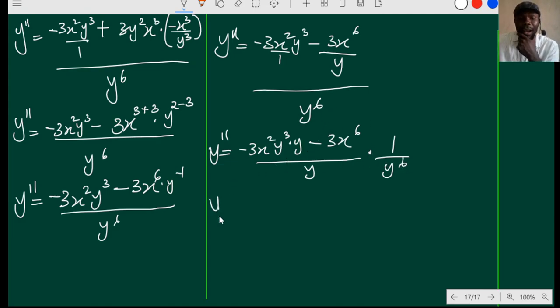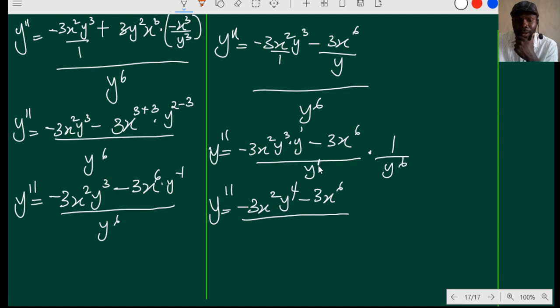So you now have y second prime will now give us, this is 1 already. It will be minus 3x squared y raised to power 4 minus 3x raised to power 6. If you're able to see, this is 1. So 1 plus 6 because of the law to give you y raised to power 7.